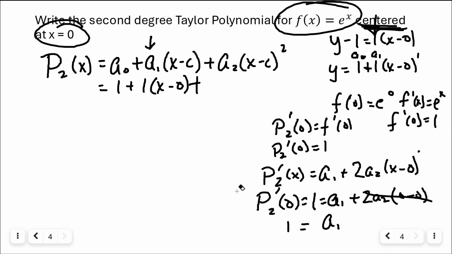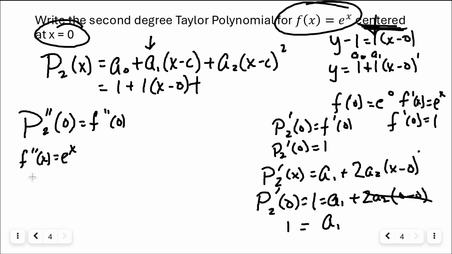So the second derivative of p evaluated at 0 will be equal to f double prime of 0. We know f prime is e to the x, and f double prime of x is also e to the x. f double prime of 0 is e to the 0. It's 1 again.